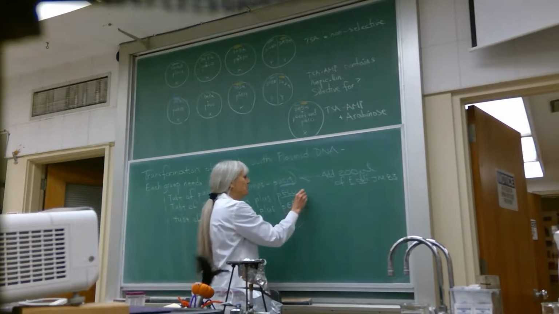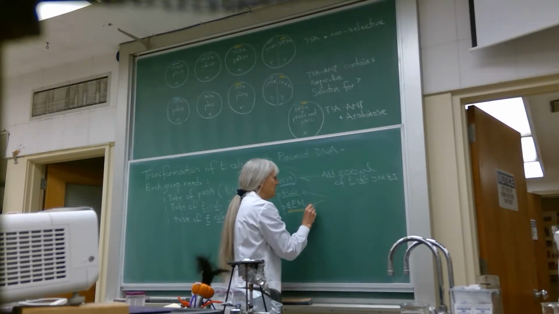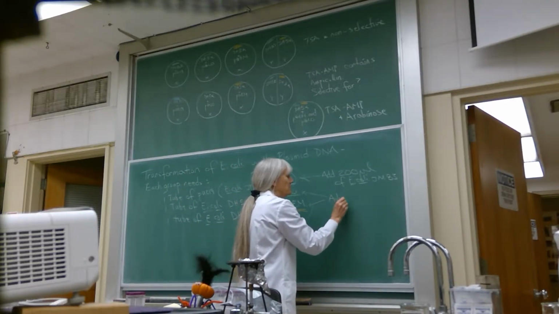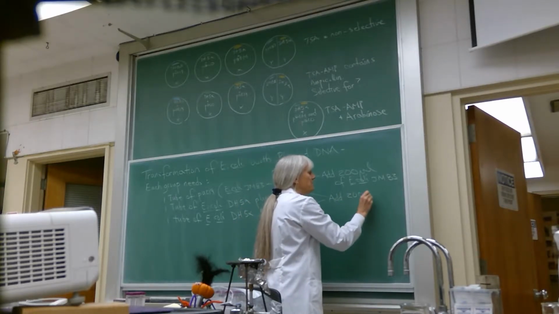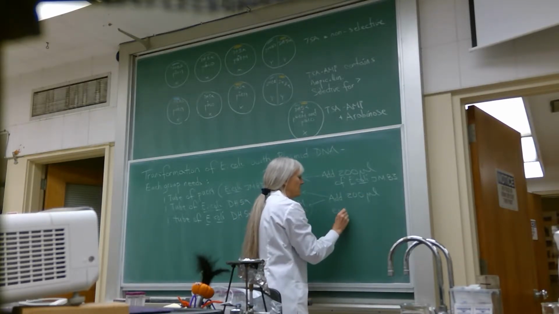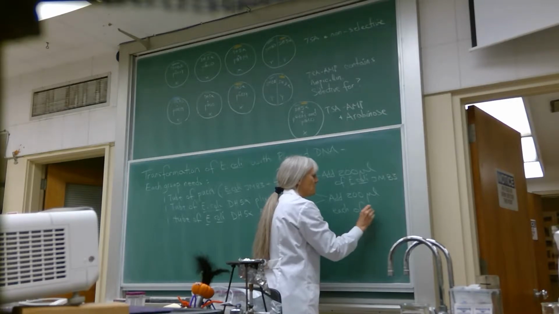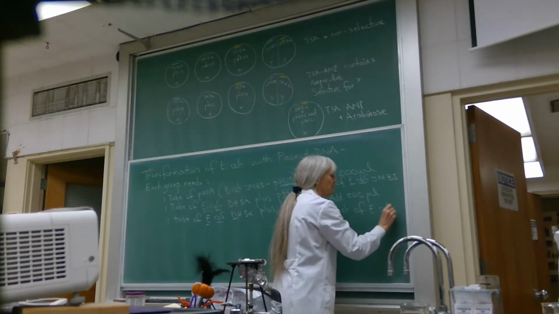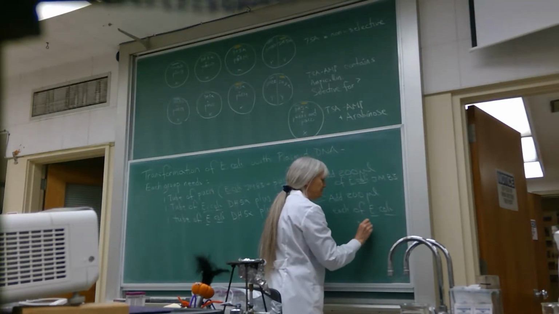And for these two, you're going to add 200 microliters each of E. coli DH5 alpha.